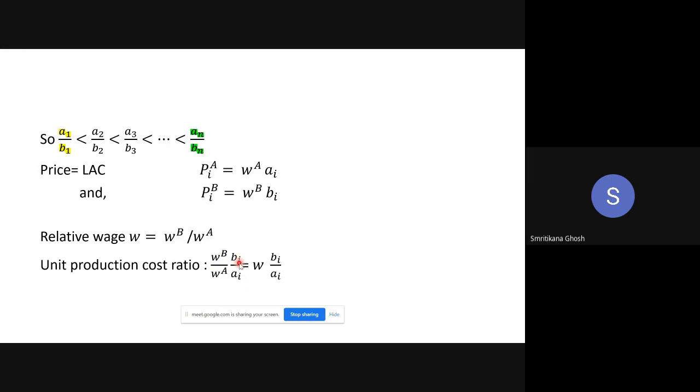WB into BI is the LAC of ith commodity in country B, and WA into AI is the LAC of ith commodity in country A. So unit production cost ratio is the ratio of these two. As we define WB by WA as small w, we are replacing it like this: w into BI by AI. This is our unit production cost ratio.